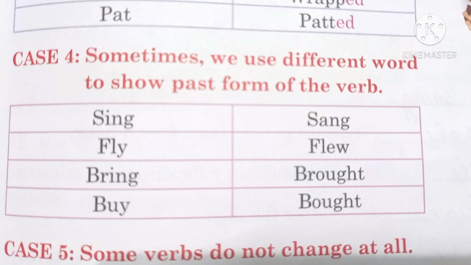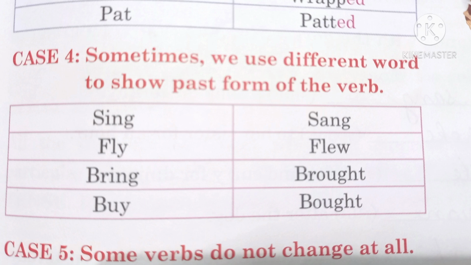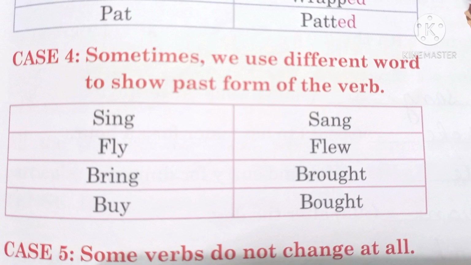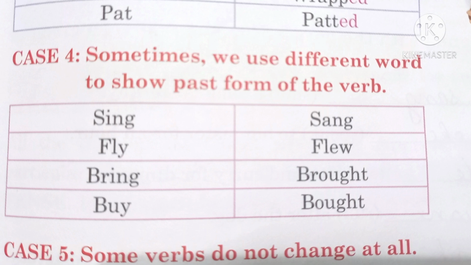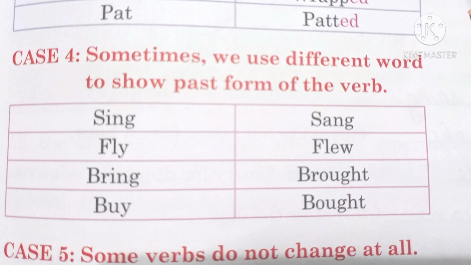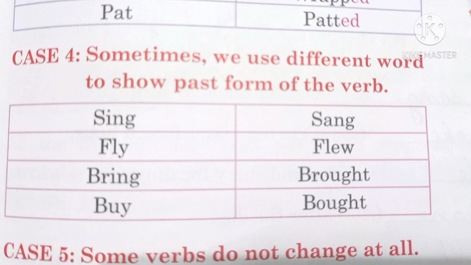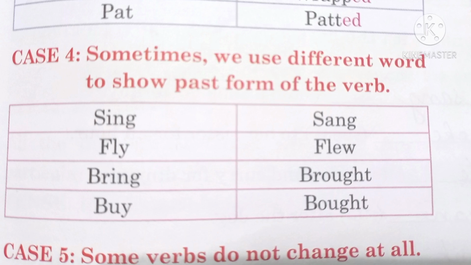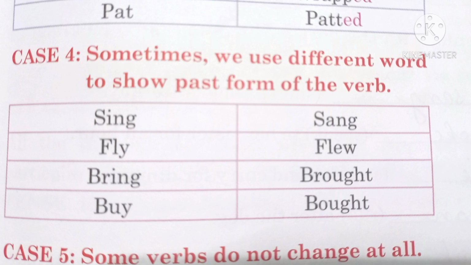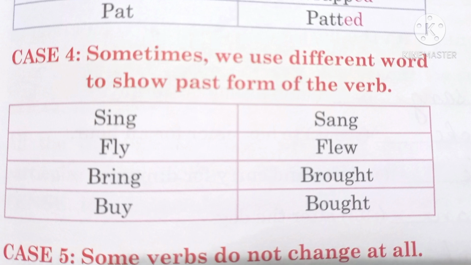Another example is fly. Fly is the base form. When we change it into past tense form, it will become a different word, that is F-L-E-W, with a different spelling. In the same manner, when you write bring, it becomes brought, and when you write buy, it becomes bought.